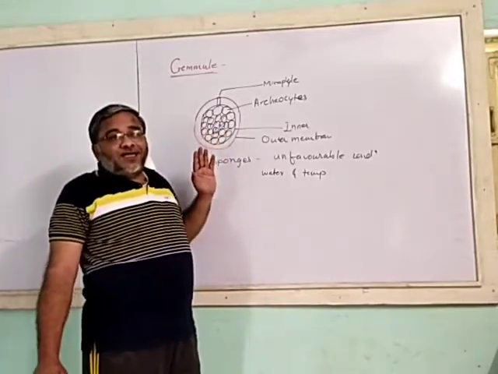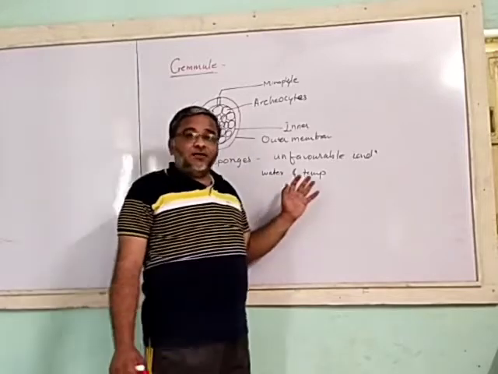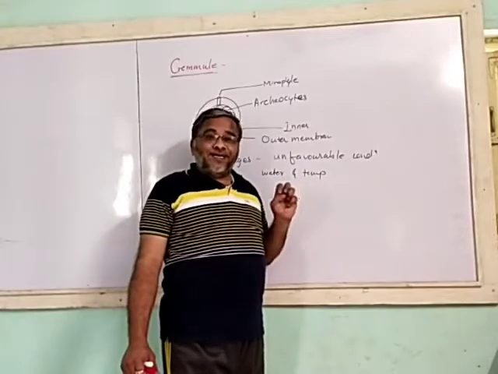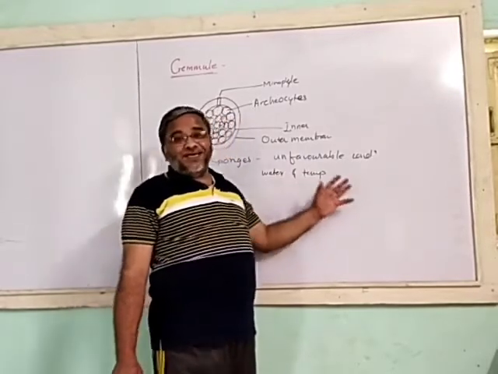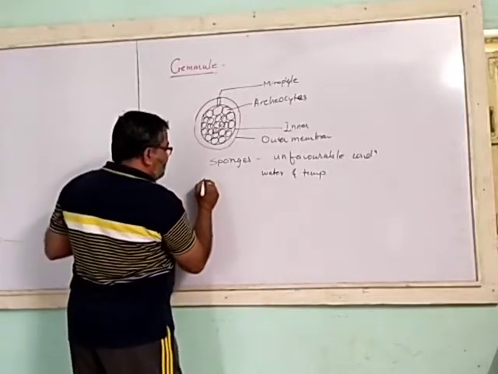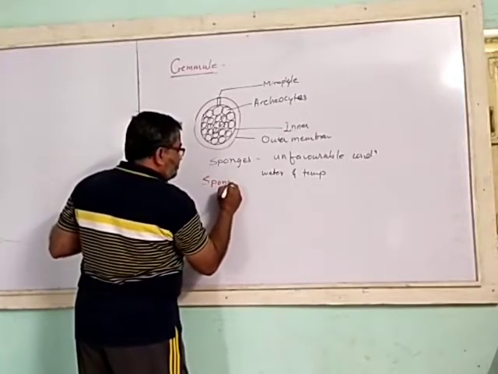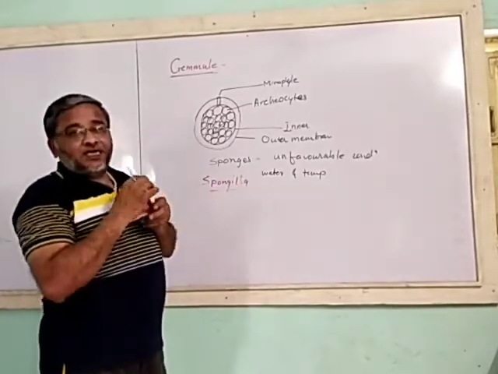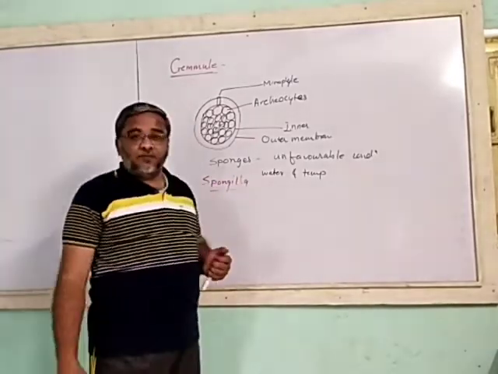Now, can we say that the sponges present in the sea produce gemmules? No, not particularly. But especially the sponges present in fresh water, and species like Spongilla, show the formation of gemmules.